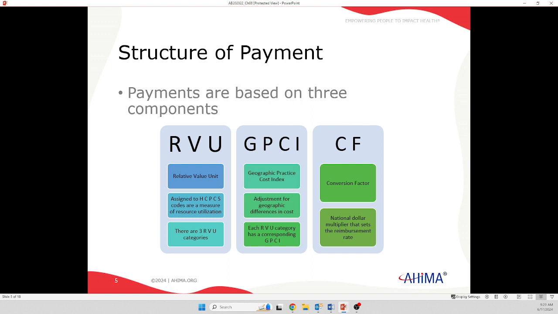And then our conversion factor, that's what sets that fee schedule to be more than what Medicare is going to pay. It is the national dollar multiplier that sets the amount of payment. So do you know those three pieces: RVU, GPCI, and CF?